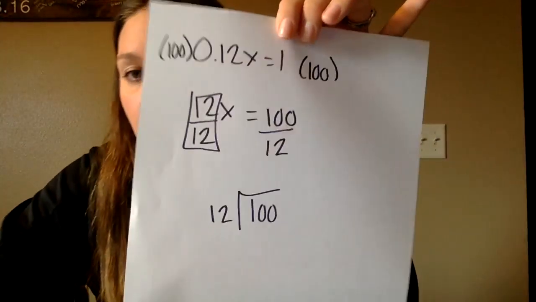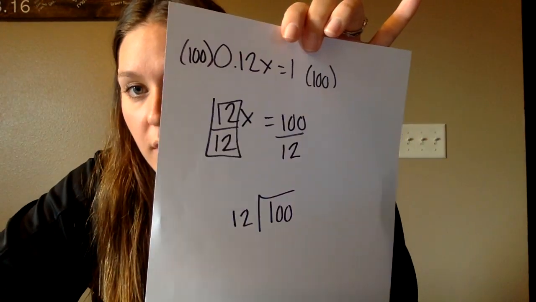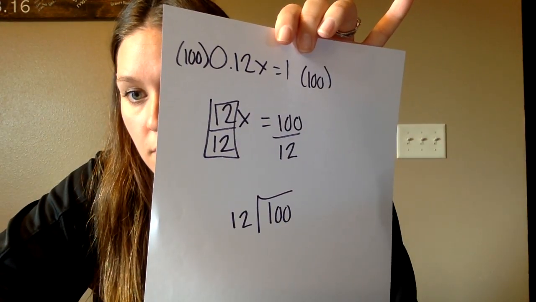I'm going to let you do this one. So we ask ourselves, does 12 go into 10? No. So we have to figure out how many times 12 goes into 100. Well, we know it's going to be less than 10, so we can maybe try 8.